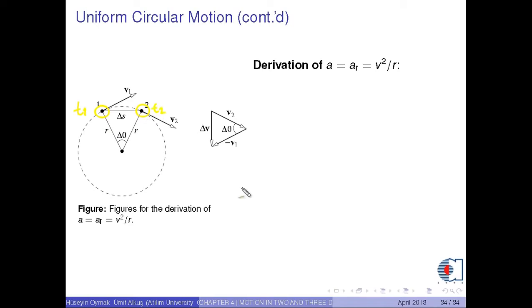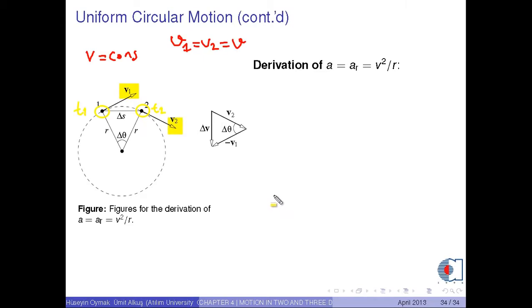The object's velocity is v1 at 1 and v2 at 2, with the speeds v1 = v2 = v. That is, the object's velocity changes only its direction while its magnitude remains constant.